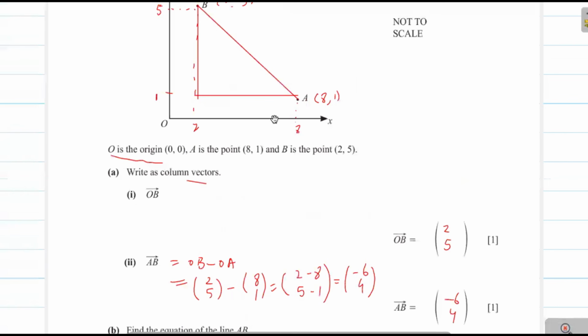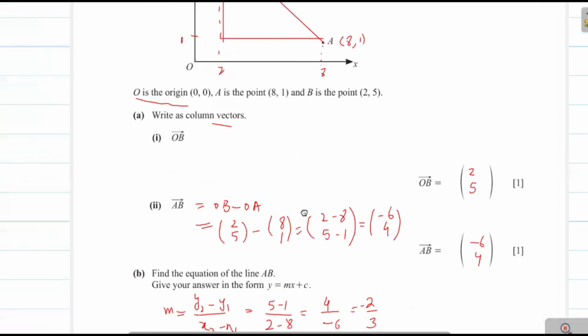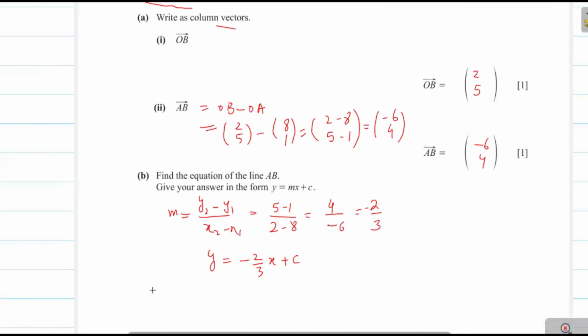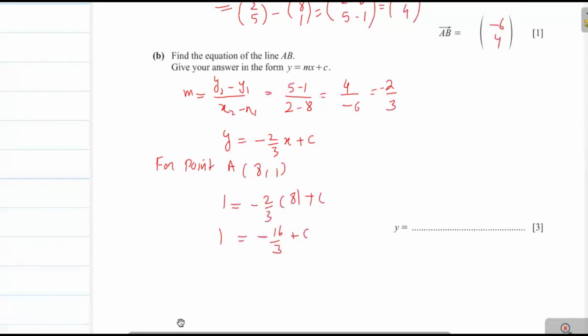Now we substitute the value of point A, (8, 1), in this equation. This becomes 1 equals minus 2 over 3 times 8 plus c, which is minus 16 over 3 plus c.